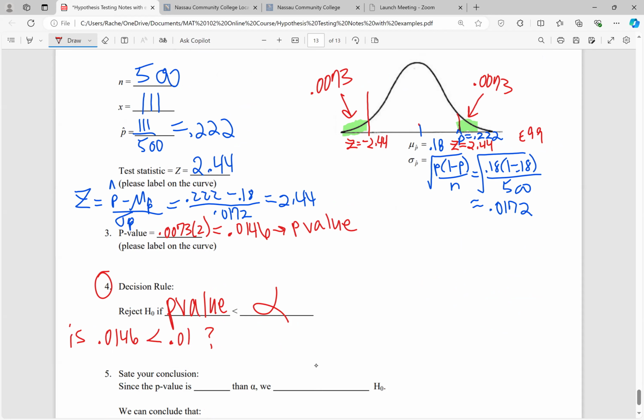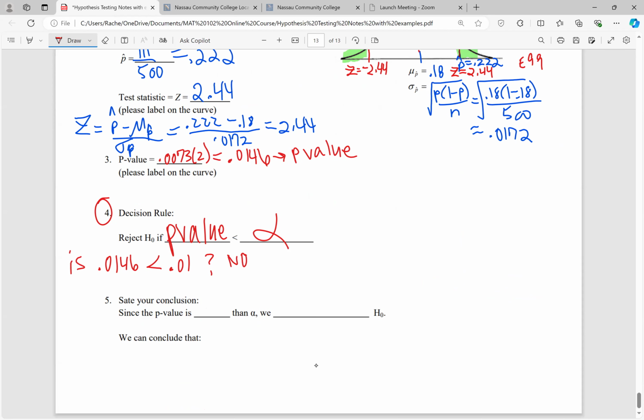It's not, right? 0.0146 is a little bit bigger. So since the p-value is greater than alpha, we fail to reject the null hypothesis. We don't have enough evidence, not strong enough.